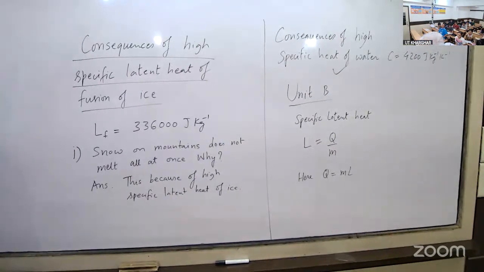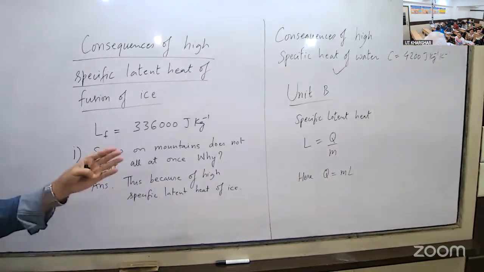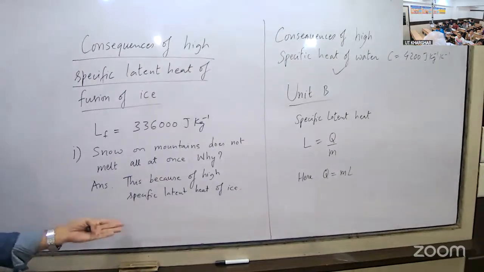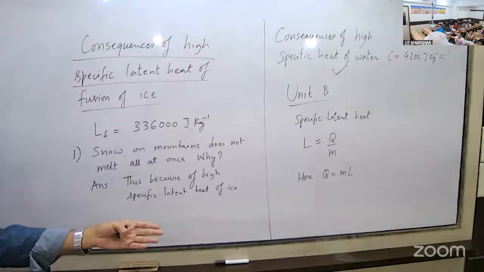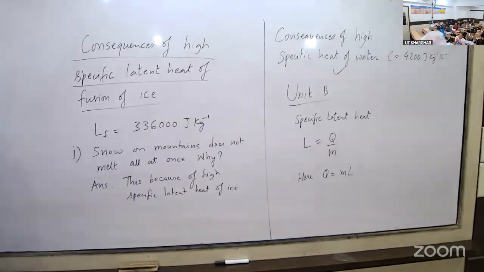Therefore, a lot of heat is required to melt a kg of ice. All the questions I am going to ask, the answer is the same: high specific latent heat of ice, or high latent heat of fusion for ice. A lot of energy is needed, that is why.